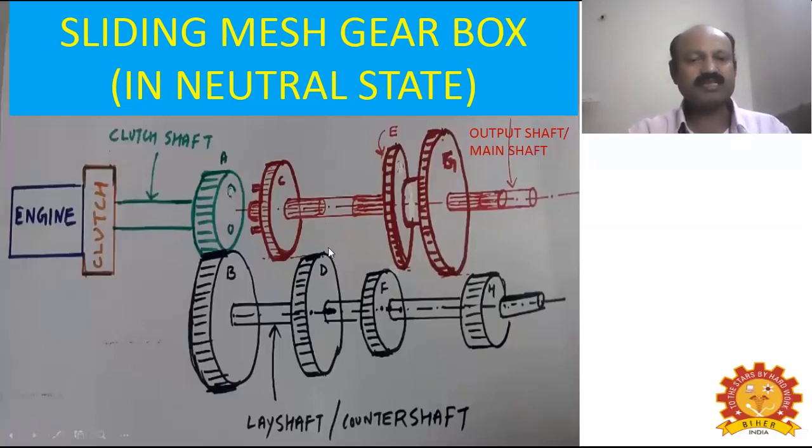It comes and meshes with gear F available on the lay shaft. Now power is transmitted from gear F to gear E. So gear E also starts rotating, and hence the output shaft, that is the main shaft, also starts rotating, and the wheel also rotates. Power is transmitted to the wheel.